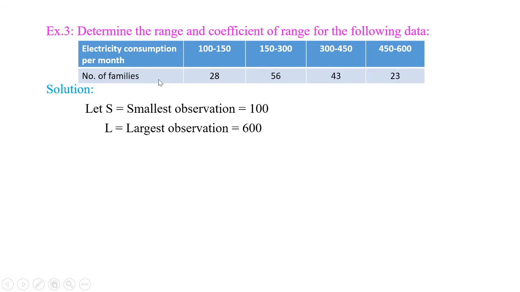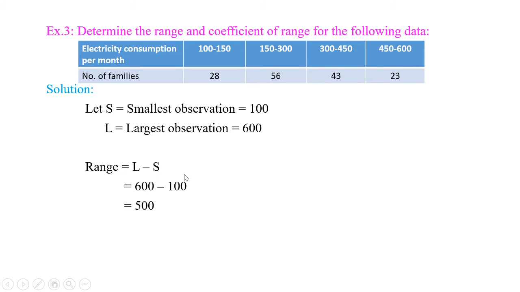Most of the students make the mistake that S is equal to 23, but 23 is not an observation, 23 is frequency. So this is wrong. The smallest observation is 100 and the largest observation is 600.